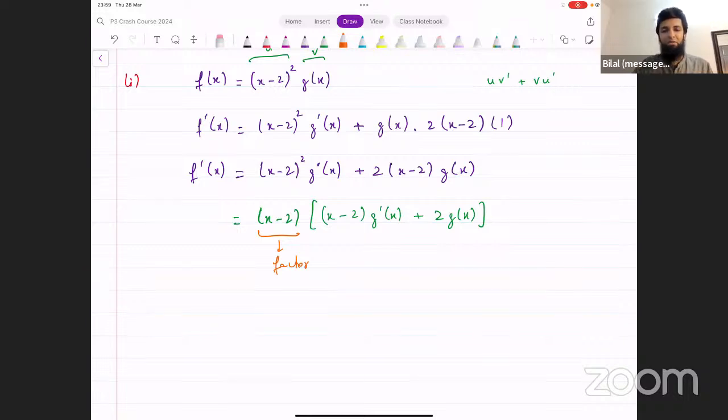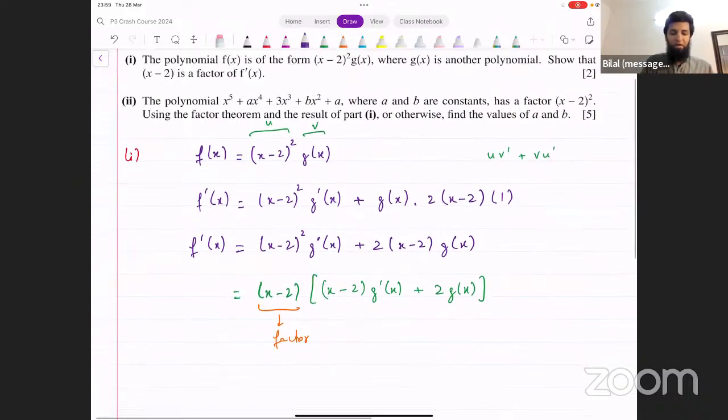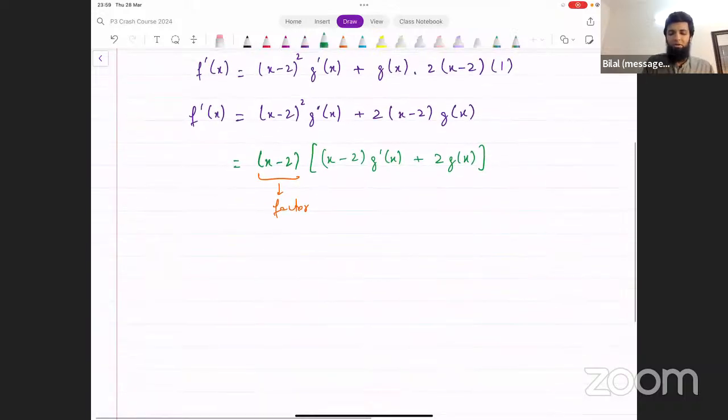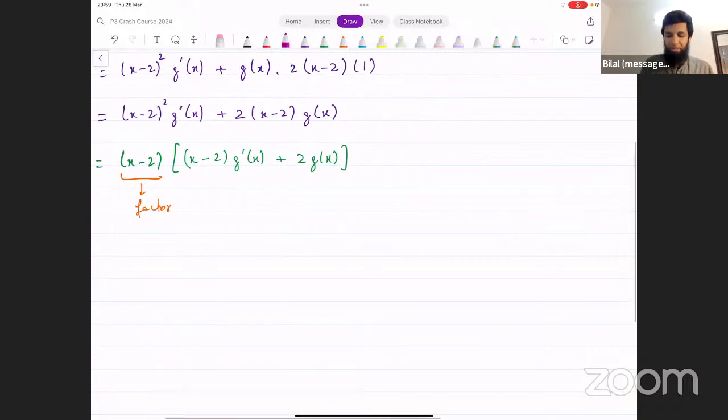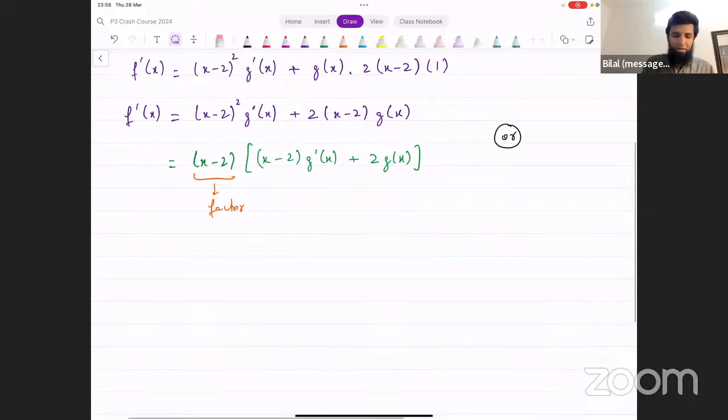Another way of thinking about this could also be using that remainder theorem that you've done in polynomials. You have to prove that x minus 2 is a factor. What you could do could be just input x equals 2 in this, right? Let me show that to you as well on the side. Another possibility could be that you have this f dash of x, the derivative of f.